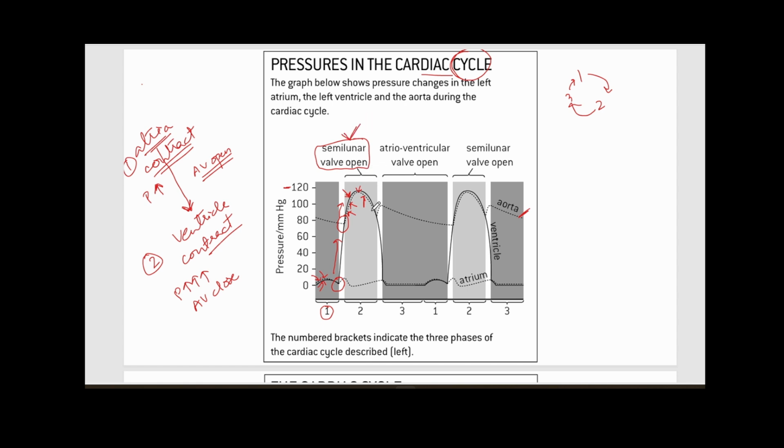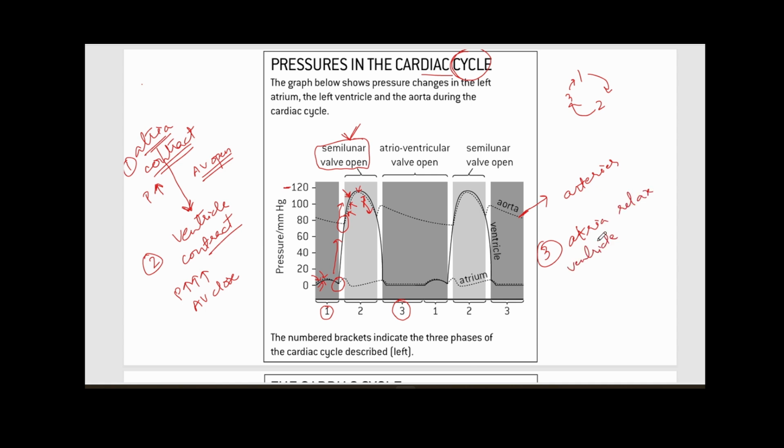After that, as the blood is carried away from the aorta to the other arteries, the pressure starts to decrease, and the third stage is when both the chambers relax. So, atria relax as well as the ventricles relax.